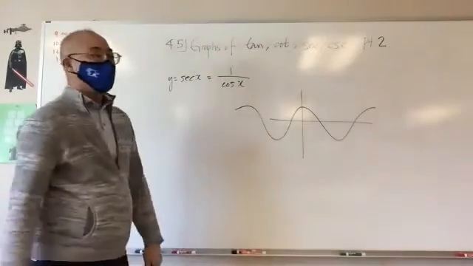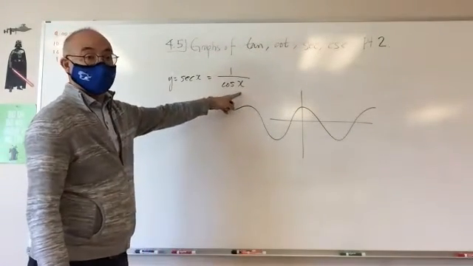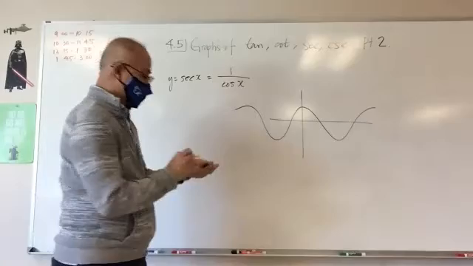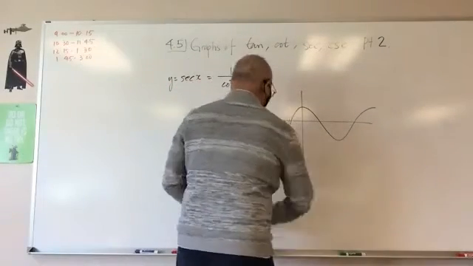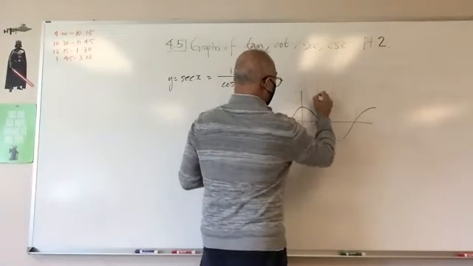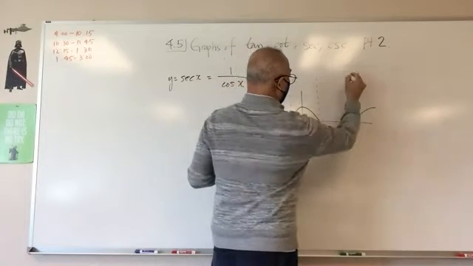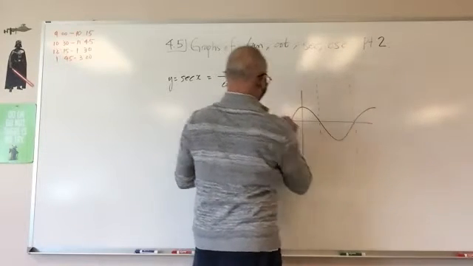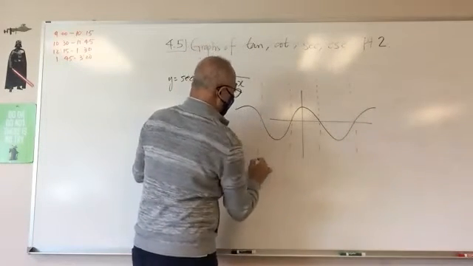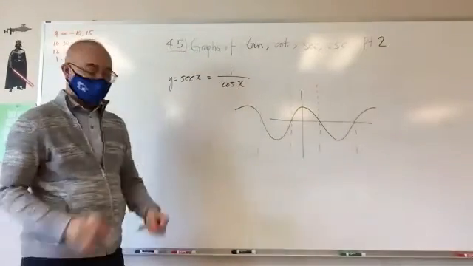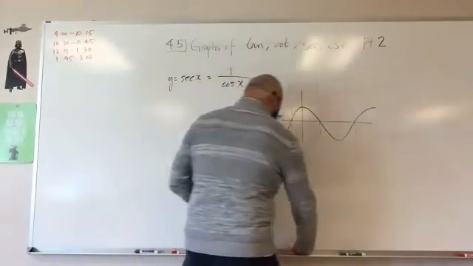Whenever this is 0, I get an asymptote, right? So let's go ahead and draw the asymptotes in. Okay. Now let's go ahead and draw the function itself.